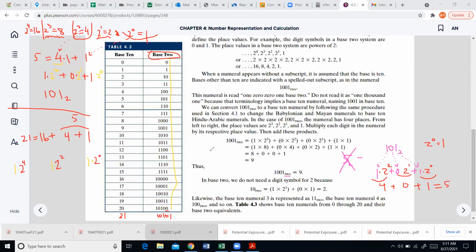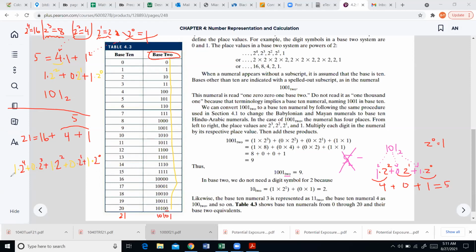And then there are missing powers that are multiplied by 0. So missing powers of 2, of course. And there are, looks like 2 of them. It's a third power of 2 and the first power of 2. So I put 2 cubed times 0 and 2 to the first times 0.